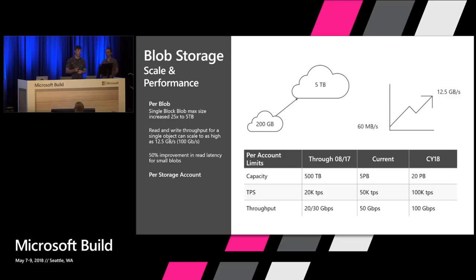In this calendar year, we are going towards 20 petabytes capacity in a single storage account, 100K TPS, and 100 Gbps ingress and egress. As I said before, with the improvements we made to enable single object read and write throughput to scale up to account limits, that means 100 Gbps read and write throughput for a single object.